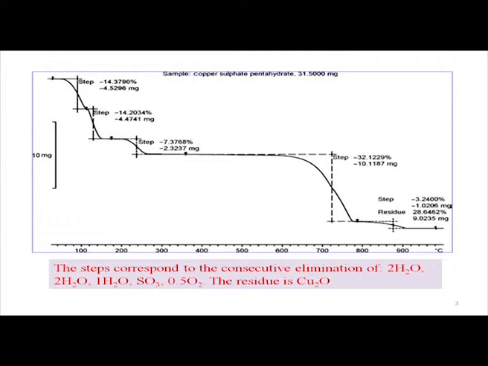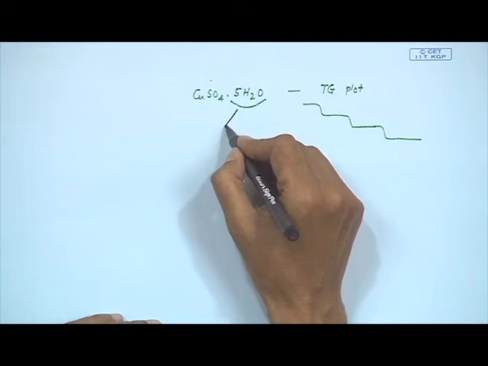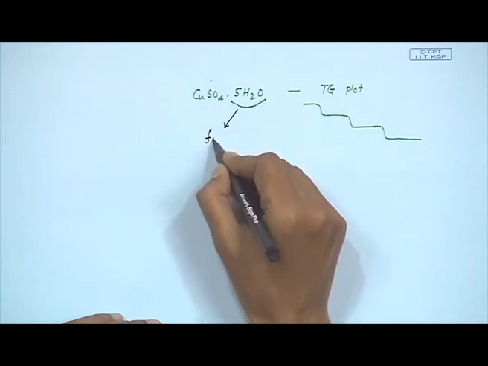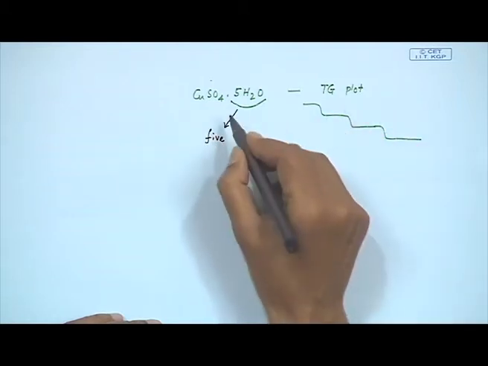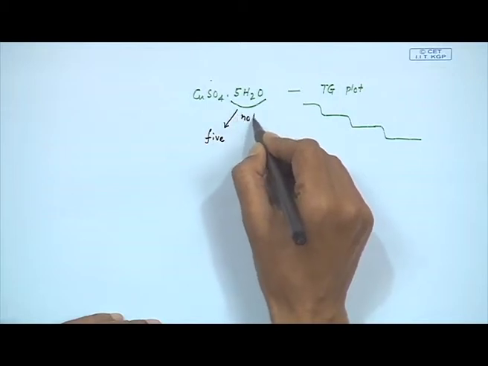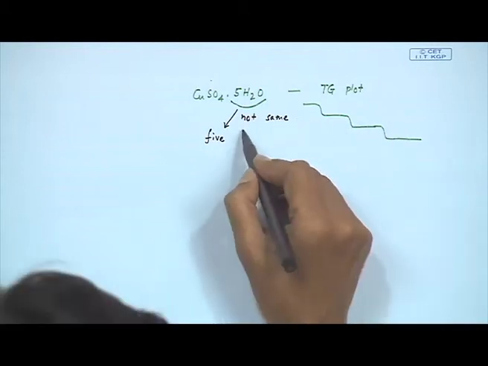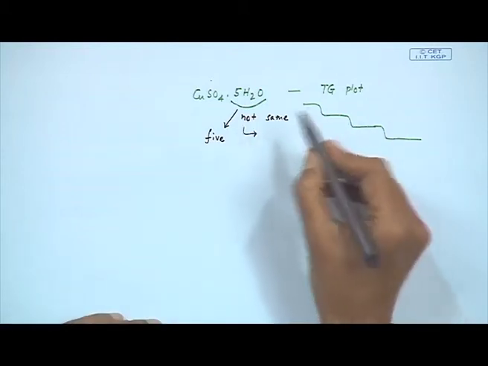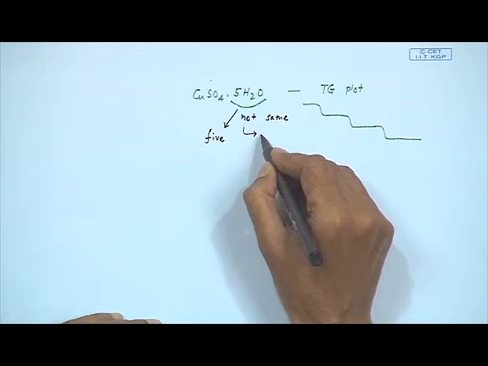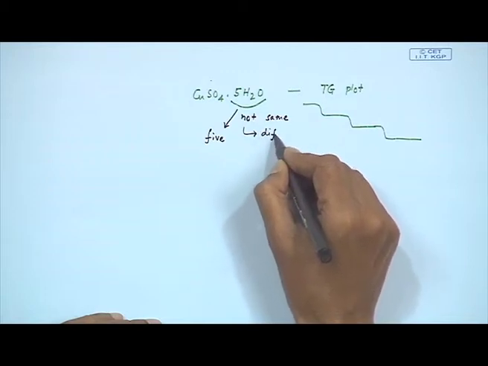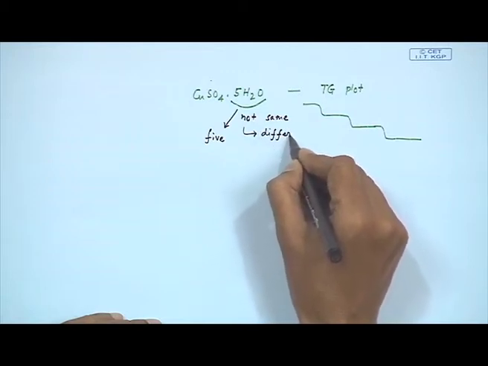What we should know from this information is that in a stepwise manner, you have 5 water molecules, but all these 5 water molecules are not the same. Their entrapment within the crystal lattice is different, so their connectivity within the solid lattice is different.